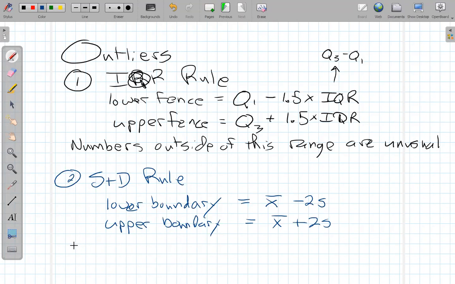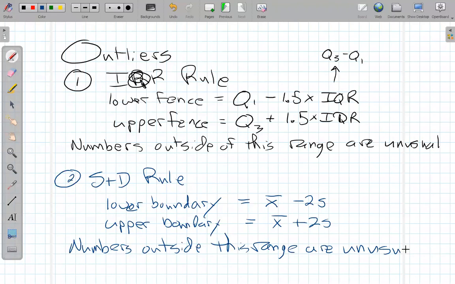And unusual is another word for outliers. So pretty similar to above. Numbers outside this range are unusual. So measurements can be unusually high, meaning they're above this upper one, or they could be unusually low, meaning they're below that lower boundary there.